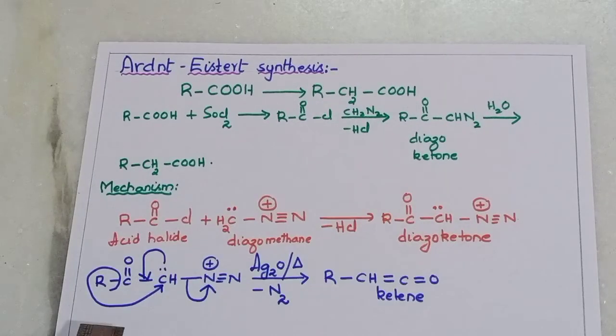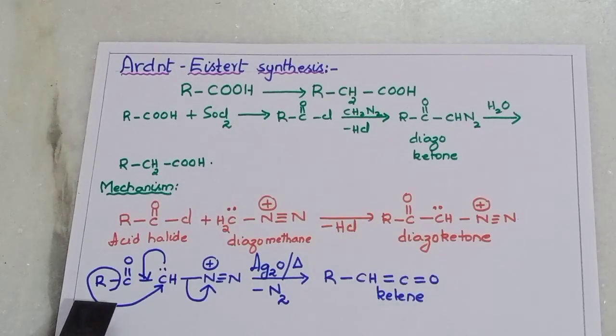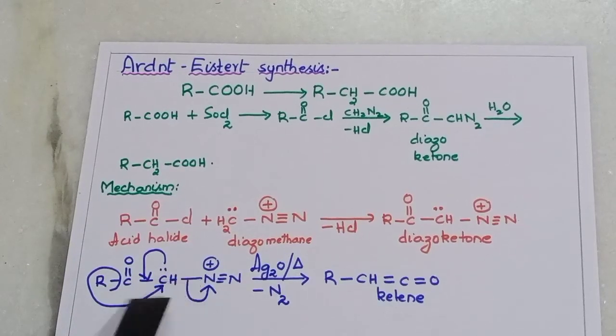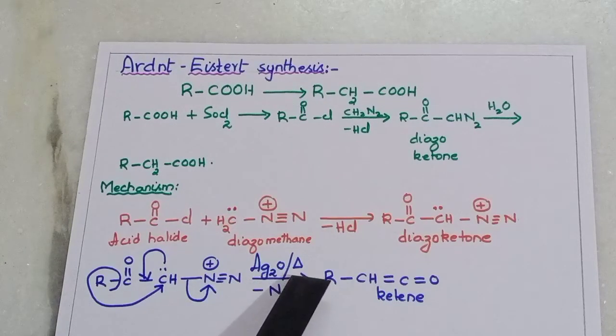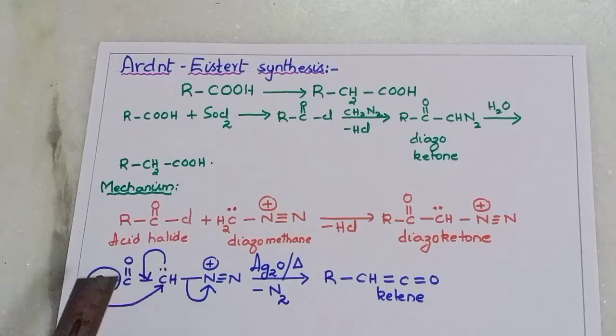Second step, students, look here. I told you what this diazoketone will do now. There is a pair of electrons on carbon, right? When this diazoketone is treated with silver oxide and heated, the pair of electrons on the carbon is shifted this side.